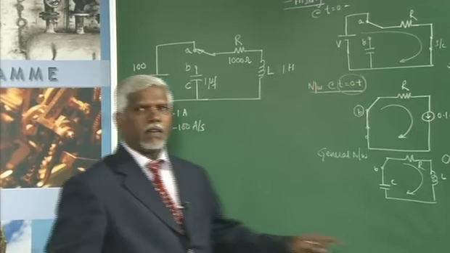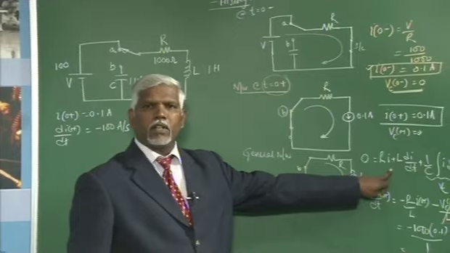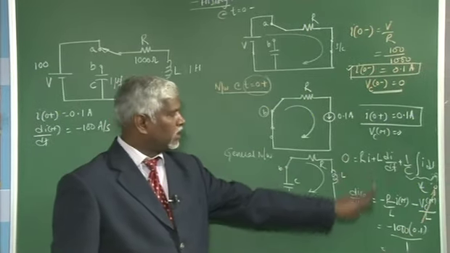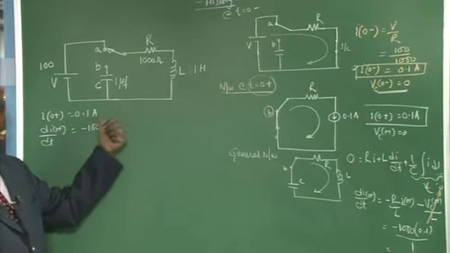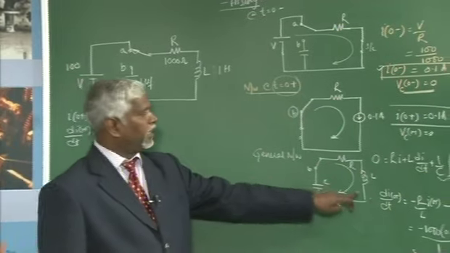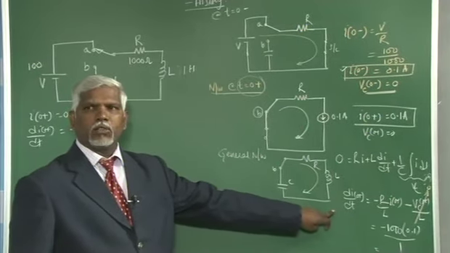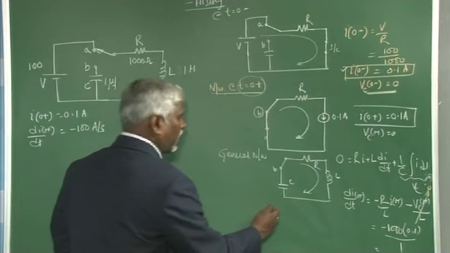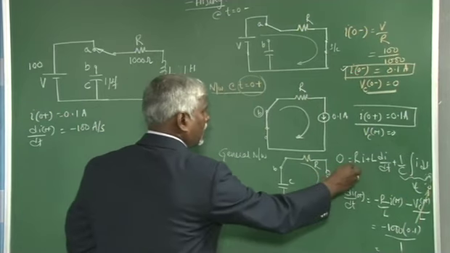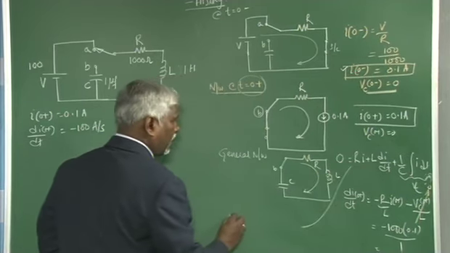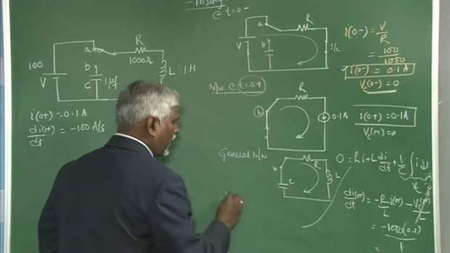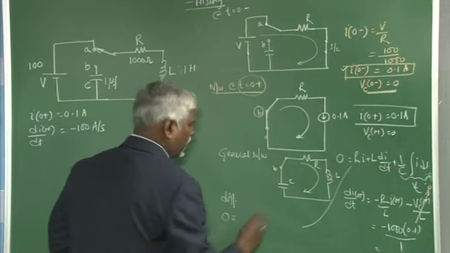If I want the second derivative, differentiate this equation, obtain an expression, substitute the known values of I at 0 plus, di by dt at 0 plus and get a value for d squared I by dt squared at 0 plus.